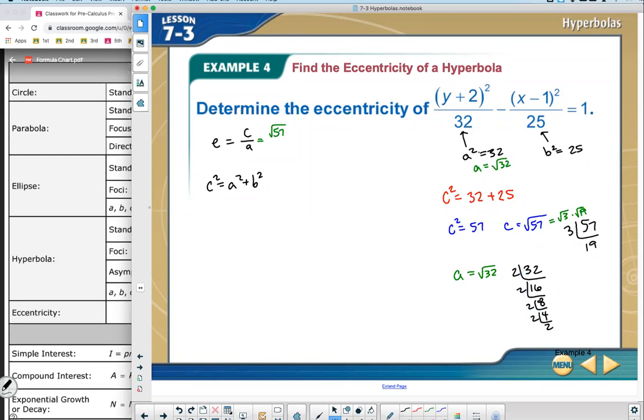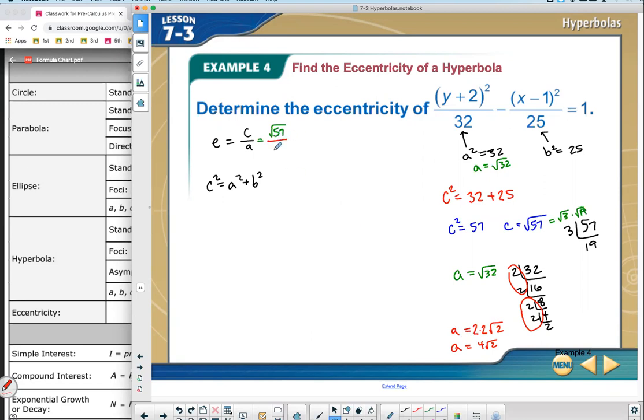Now it's all prime numbers. Pairs come outside. I mean, technically it's the square root of 2 times square root of 2 times square root of 2 times square root of 2 times square root of 2. But practically, how will it simplify? Our pairs come outside the square roots. It'll be 2 times 2 times the square root of 2. 4 square root of 2. That is what a will equal right there.